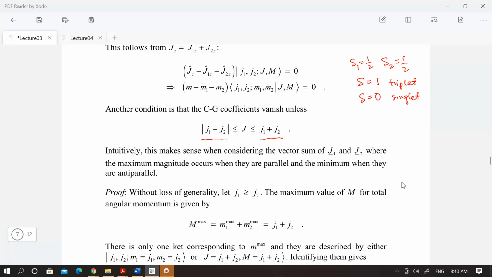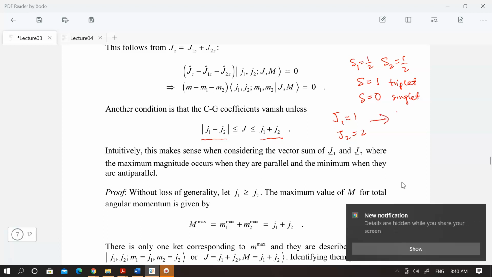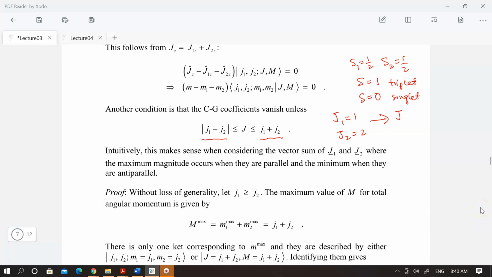Let's just take J1 equals 1, J2 equals 2, then the maximum one can actually have is J1 plus J2. Sorry, never mind.